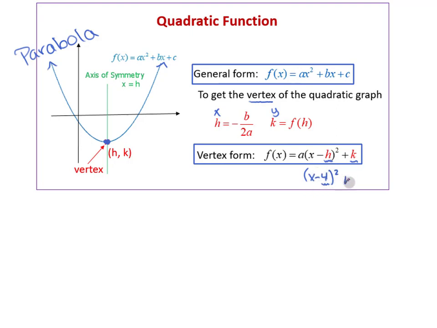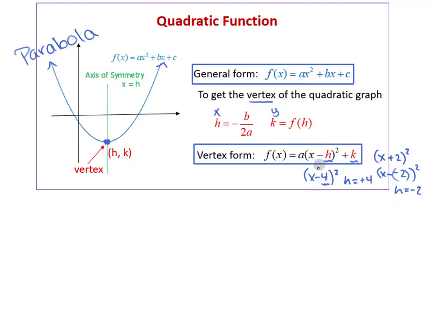So there, h would equal positive 4. If you were to have something like x plus 2 squared, here h is actually negative 2. You could even think of this as being x minus negative 2. So that's our minus h. So here h would be negative 2.